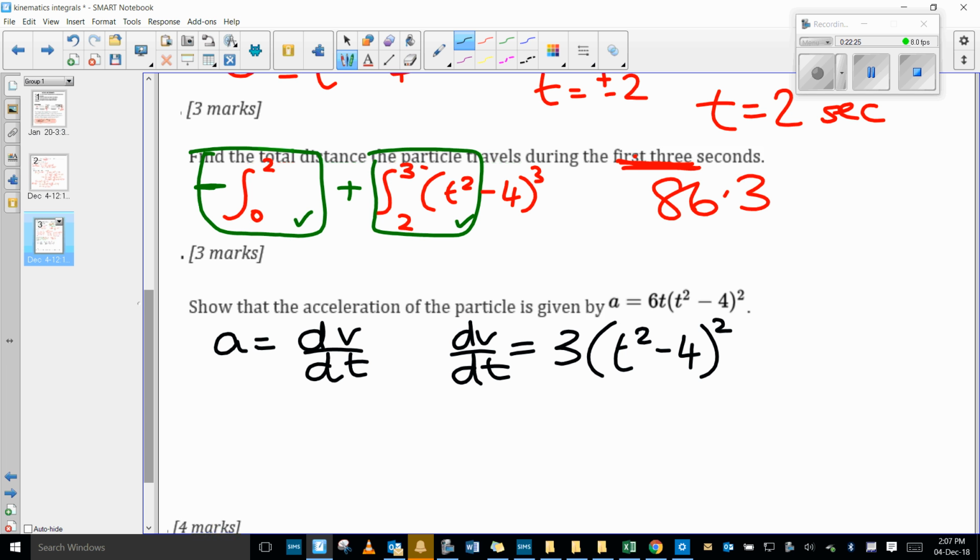But then what do we have to do to that expression? We have to multiply by the derivative of the inside. So what's the derivative of the inside bit? 2t. And lo and behold, how does that simplify? Well, we've got 3 multiplied by 2t gives us 6t. And there we've done what they've asked us to do.